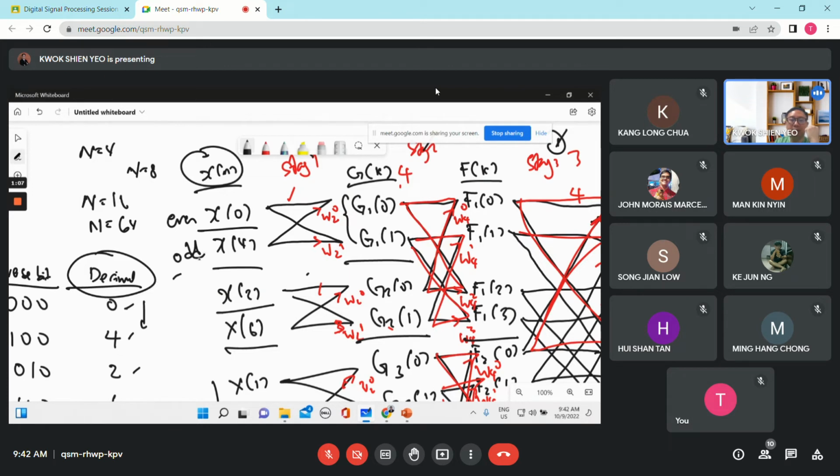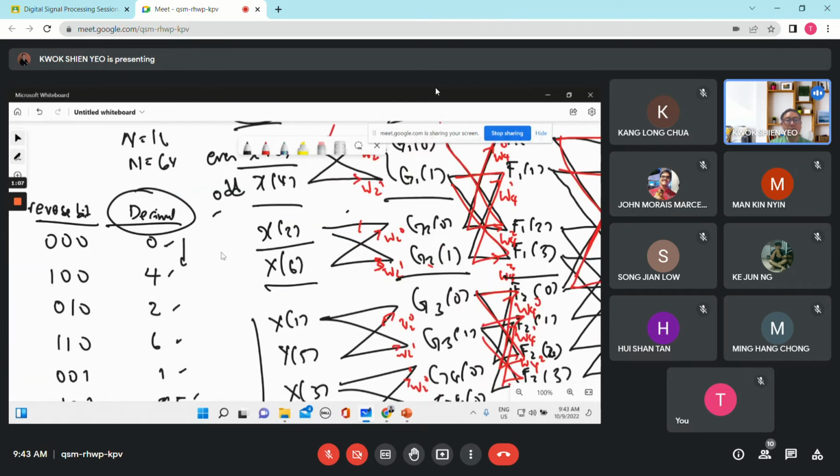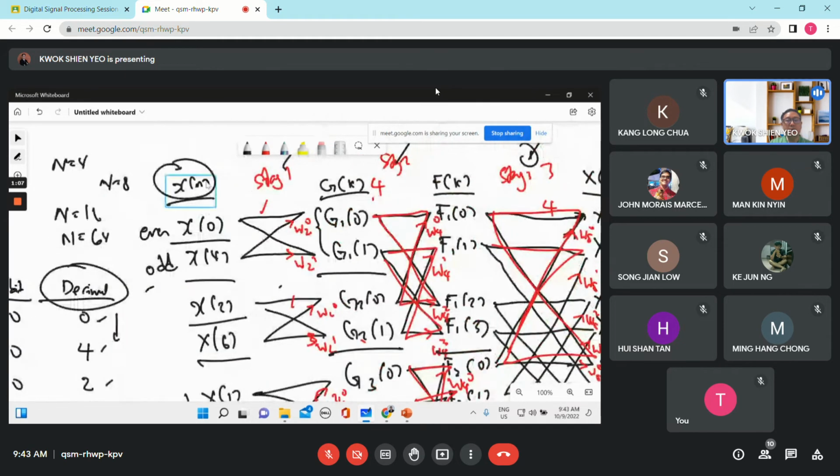Okay, so that's the process, and you can see that this method is very efficient because, first, to do a bit reversal method for xn in a computer is pretty quick lah. Because you just need to fold it, then you can directly get this sorted out very quick, and it saves memory. Because from xn to gk, after you do the calculations, this value you can wipe out from the memory already.